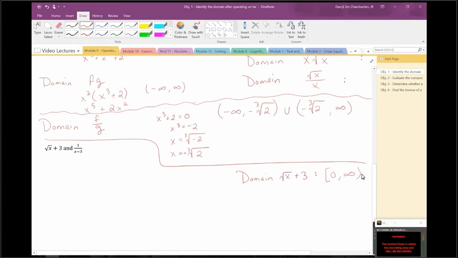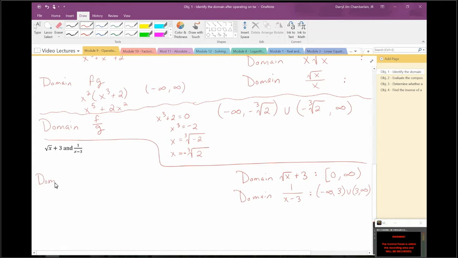So 0 to infinity. And then for this function, the only issue we have is when x is 3. So it'll actually be from negative infinity to 3, union 3 to infinity. Now basically everything except 3.